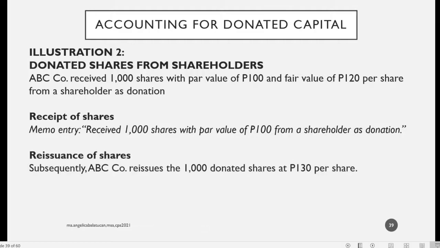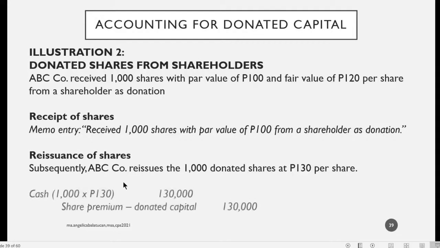When the shares are subsequently reissued, this time at 130 per share, that's the time we prepare an entry. Debit cash, 1,000 times 130, and credit share premium donated capital. We disregard the fair value here because it depends on the price at the time of the reissue of the donated shares.